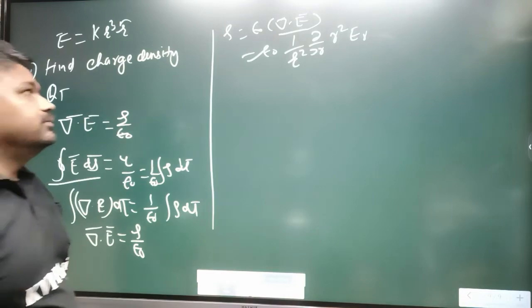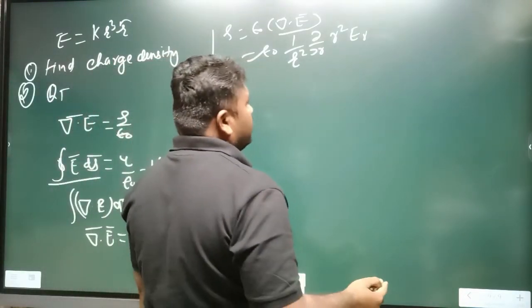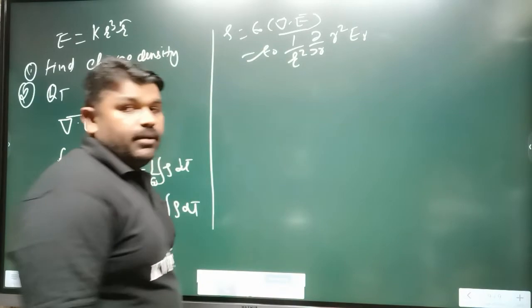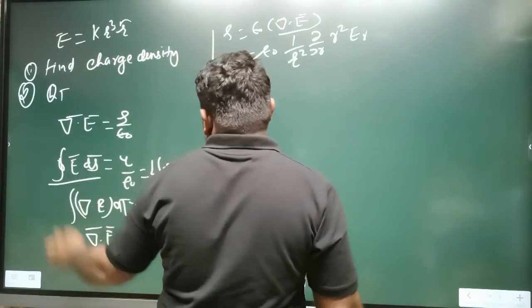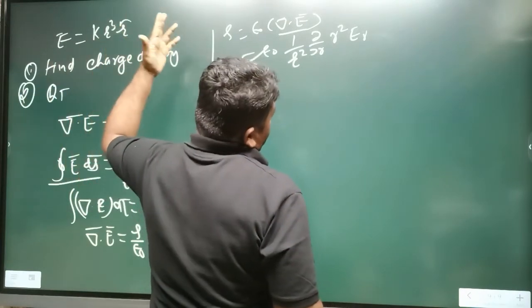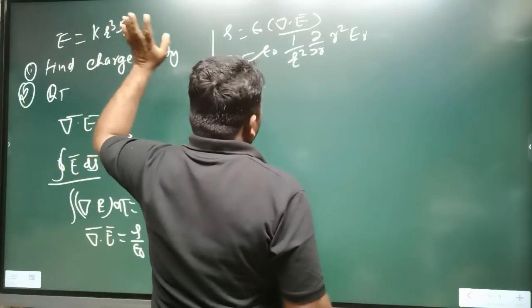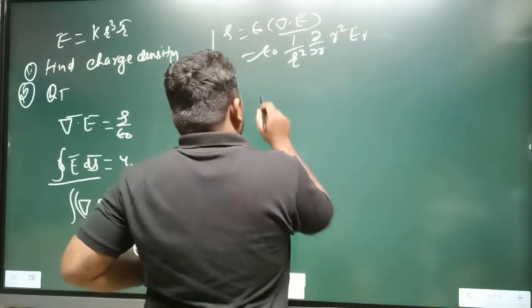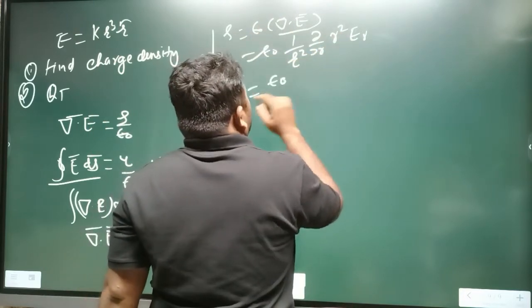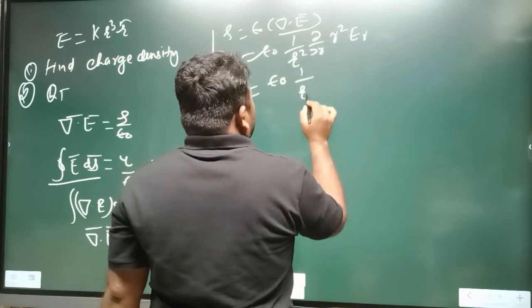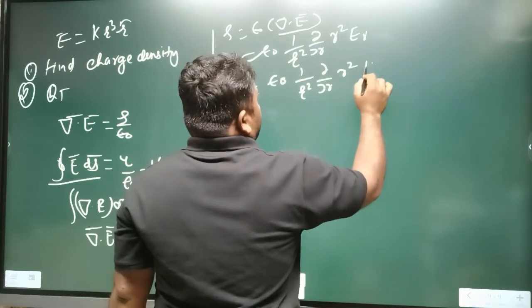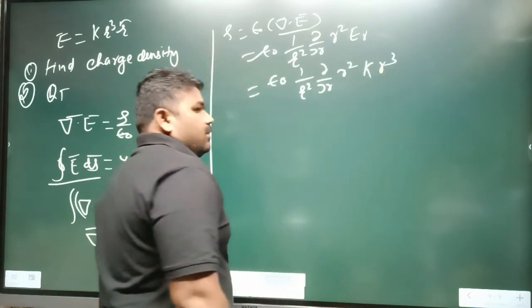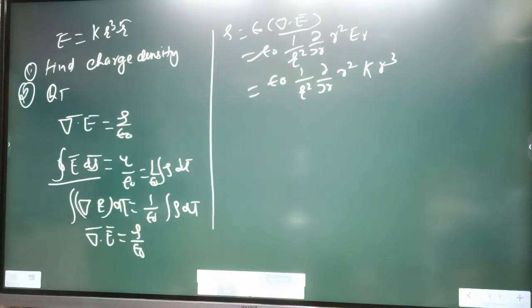Don't take dab upon dab r directly. We know that the electric field can be written in the form of theta and phi terms too, but here we can take only the r component. Then rho is equal to 1 by epsilon naught, 1 by r square, dab upon dab r of r square times k r to the power 3.